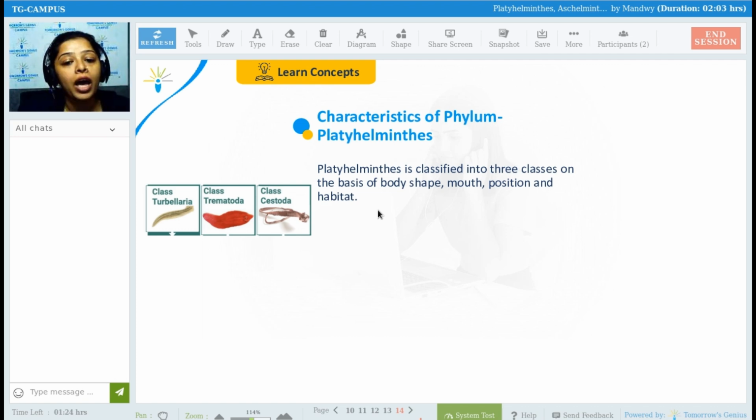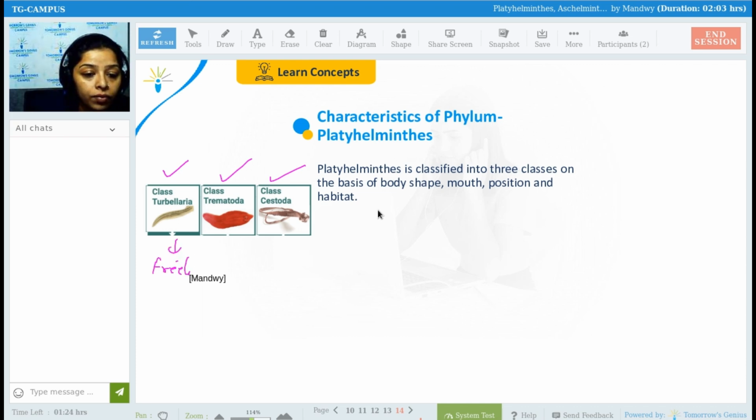On that basis, there are three classes: Turbellaria, Trematoda, and Cestoda. Turbellaria is free living, freshwater or marine. And these two are endoparasitic.